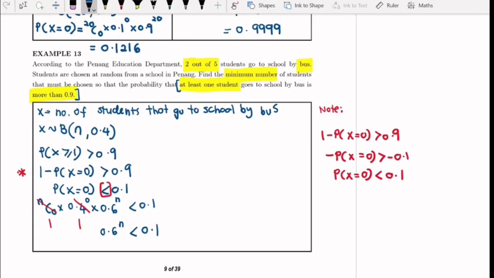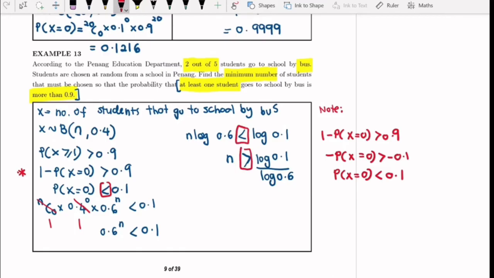Next, log both sides. So we get n log 0.6 less than log 0.1. Then use your calculator to find n. So the sign here is greater than: n greater than log 0.1 over log 0.6. Why do we change less than to greater than?